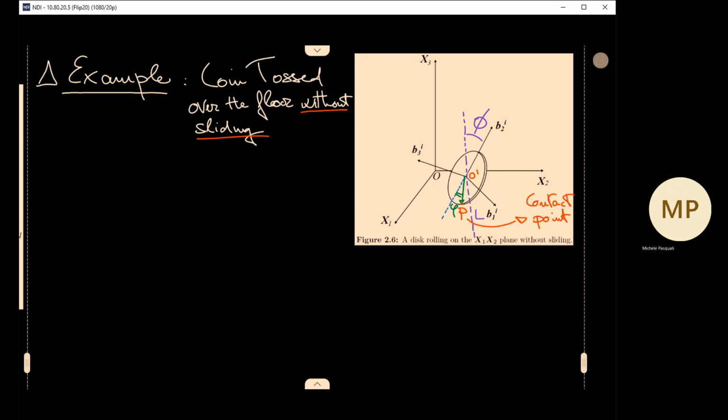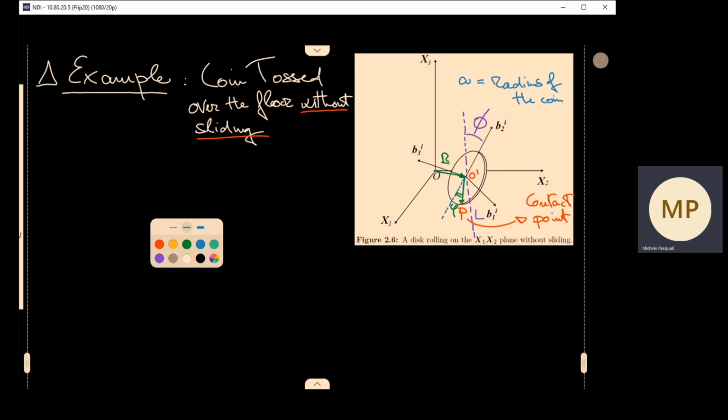We also have the last vector here, the position vector of the local frame, R. And let's say that the radius of the coin is A. We don't know how much it is, but we don't need it.